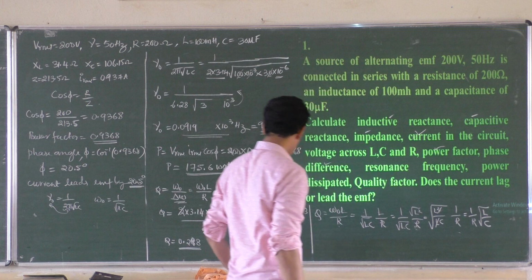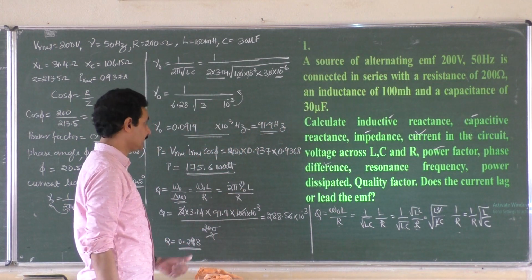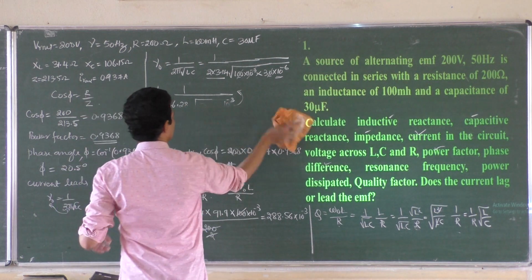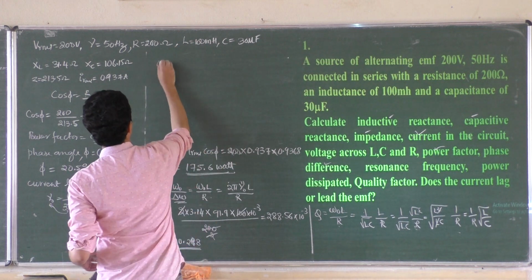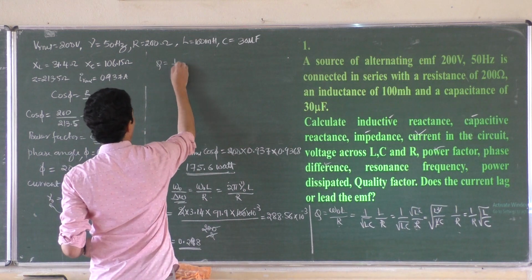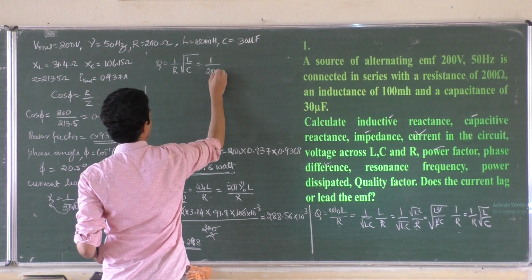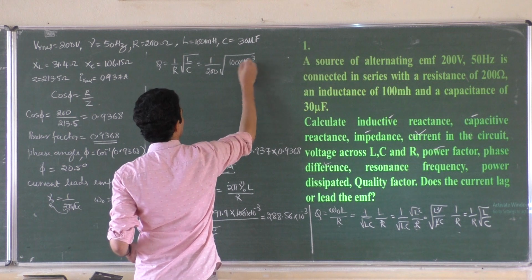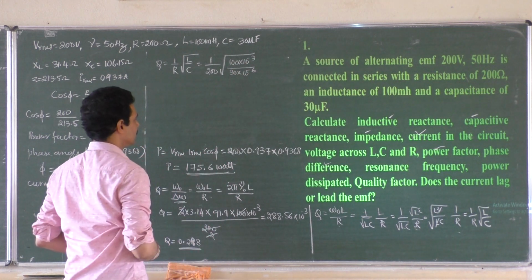Shall we put those values and check whether you get the same answer or not? Quality factor Q is equal to 1 by R, root of L by C. 1 by 200, root of 100 millihenry, 30 microfarad. Now I can remember all the values after working out so much.